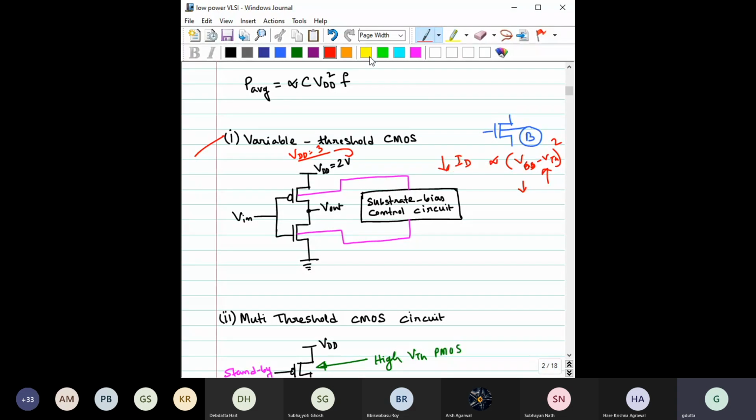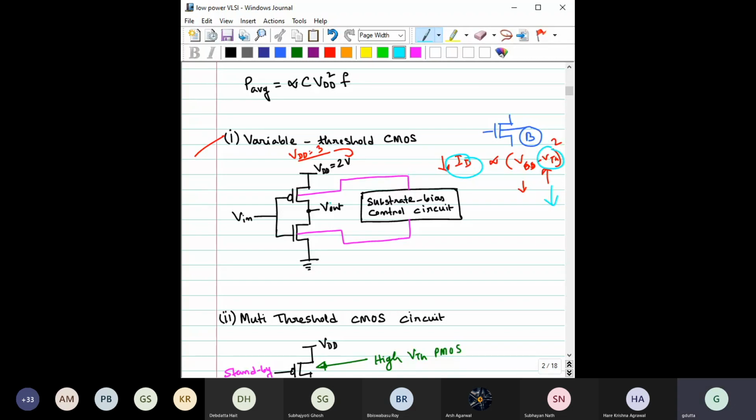So if there is any means by which you can reduce the threshold voltage at almost the same level as you are reducing VDD, then what will happen? The ID level will be kept intact, right? Then probably you will not lose much on the delay side. So how can you do that? That is what this circuit does.